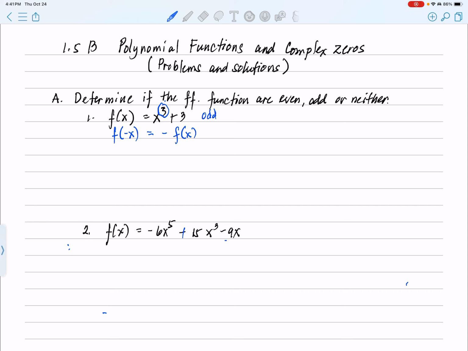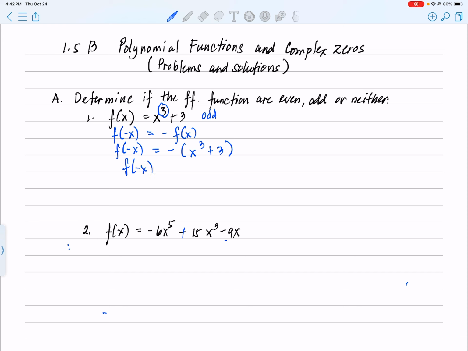So I go straight to, without substituting the negative x, because I know it's not even, making the function into a negative. So making x cubed plus 3 and put a negative in front of the function.